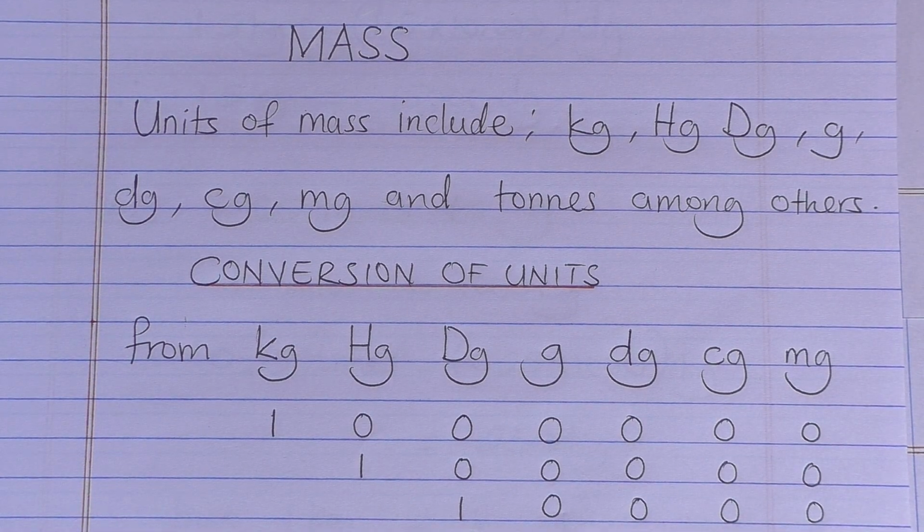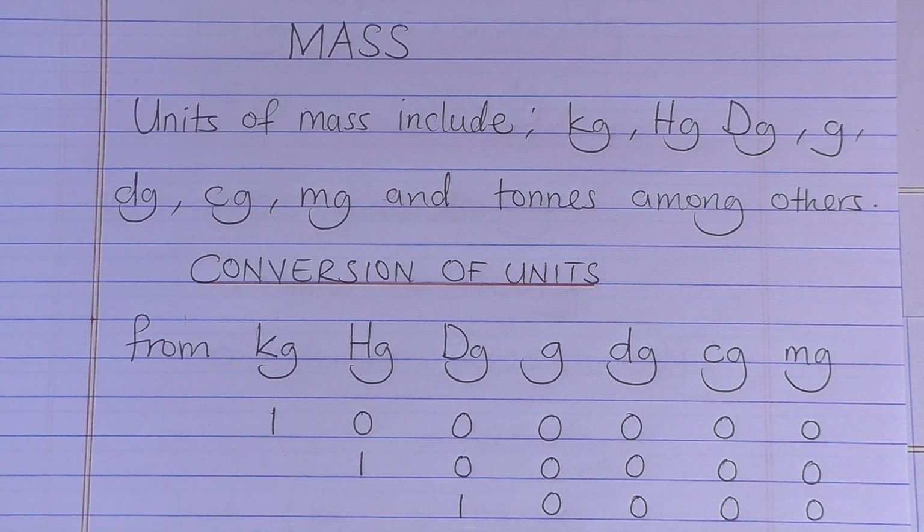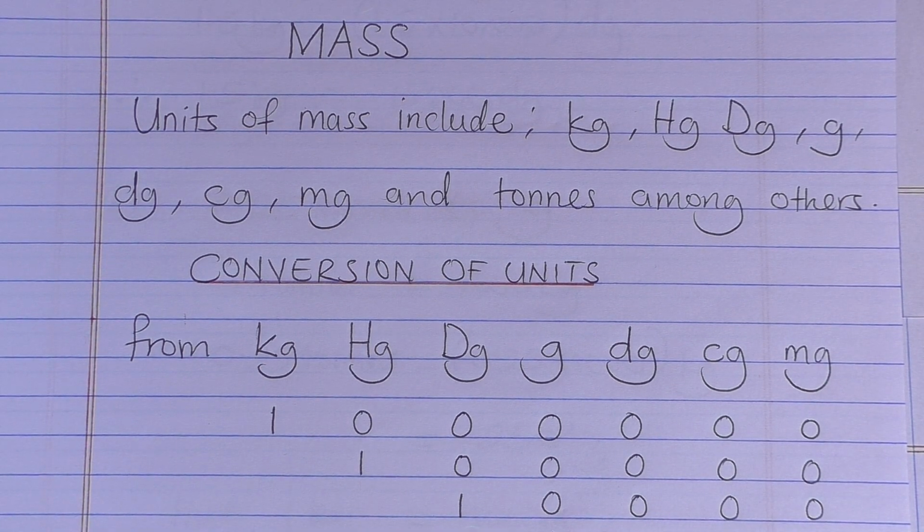Mass is defined as the quantity of matter contained in an object, and the SI unit of mass is kilograms.